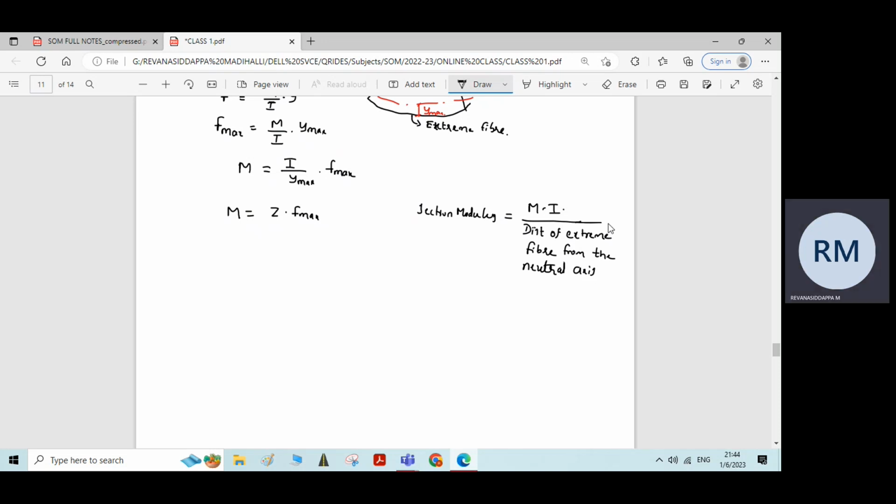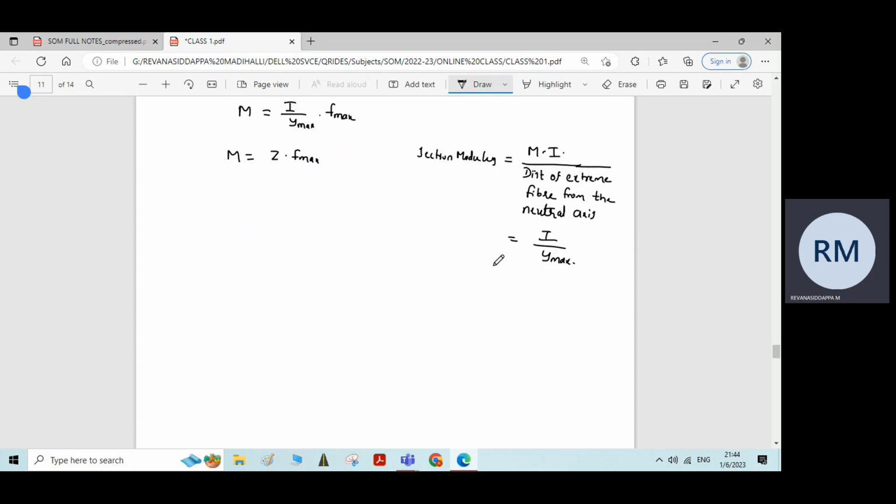So this is the definition of the section modulus, which is nothing but I by Y max: the ratio of the moment of inertia of the section about the neutral axis to the distance of the extreme fiber from the neutral axis.